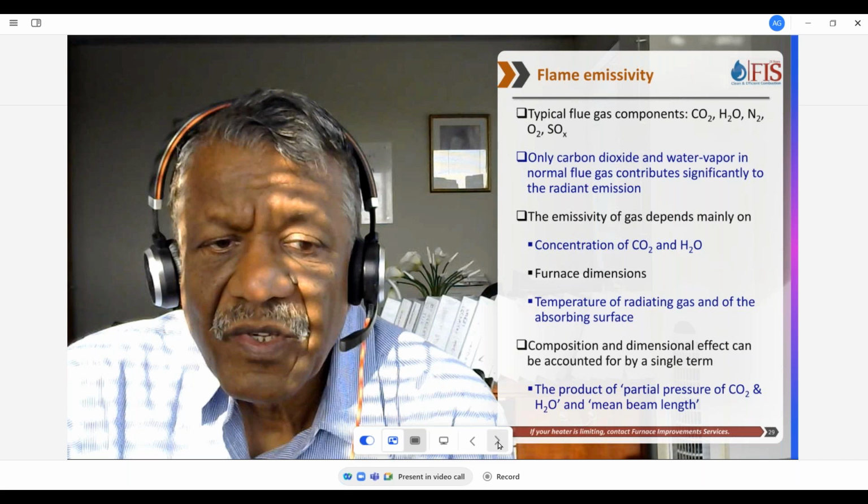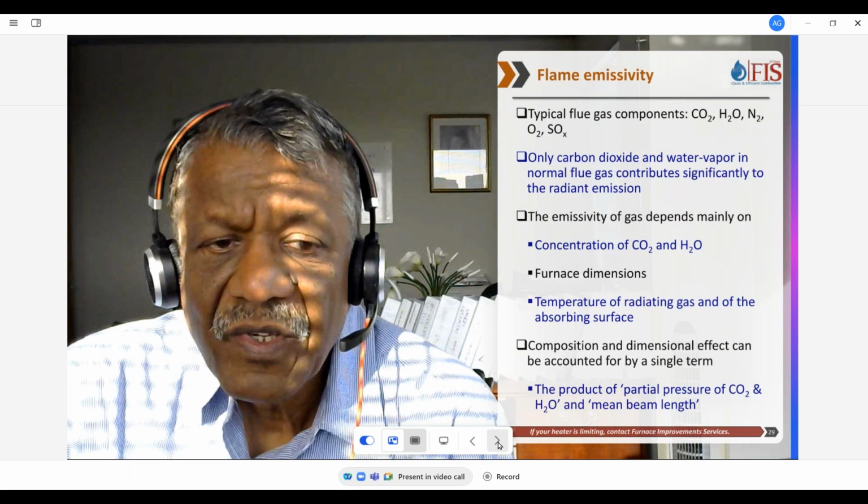So the composition and the dimensional effect is generally accounted by a single term, PL, where P is a partial pressure and L is the mean beam length. So furnace dimensions are accounted by mean beam length, and the concentration of CO2 and water vapor is taken care of by partial pressure.